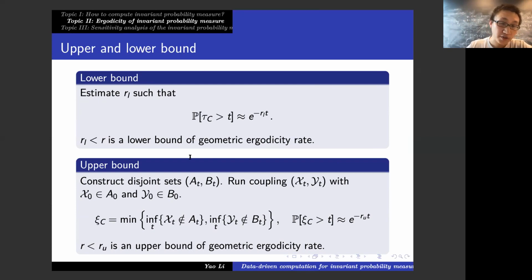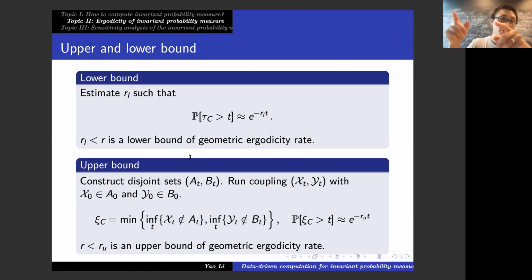And how about the upper bound? For the upper bound, you find some way to divide your domain into two parts, and then you find the minimum time for a trajectory to cross the boundary, and you record this time. The exponential tail of this crossing time gives you an upper bound of the geometric ergodicity rate.